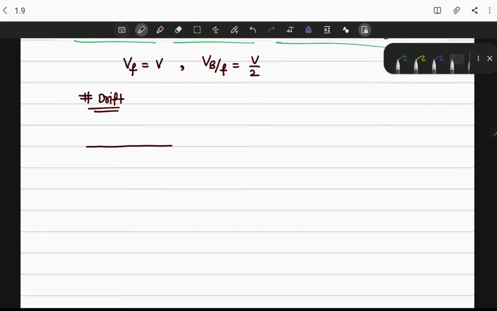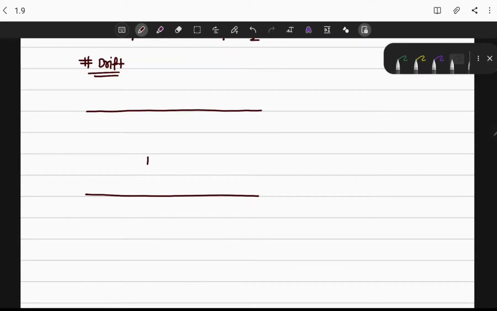Let us say this is the river, and in this river the boat is here at point O, and this is point A, at which the boat wants to move in a straight line. Let us assume that there is no stream velocity. In that case the boat will move in this direction.